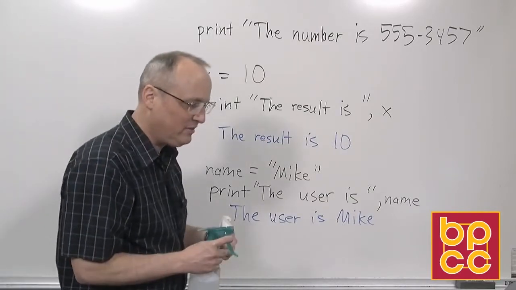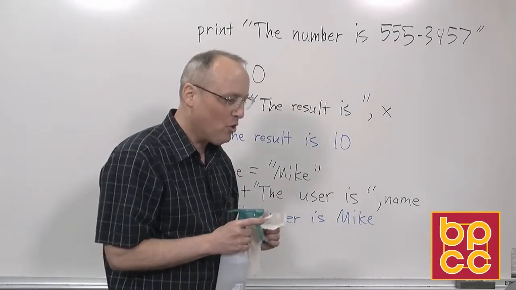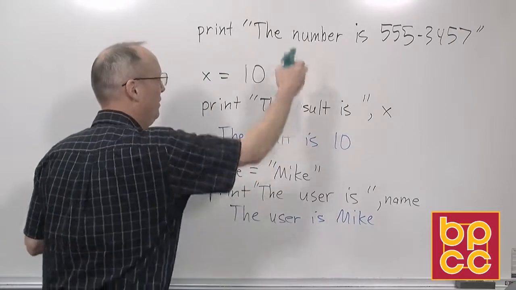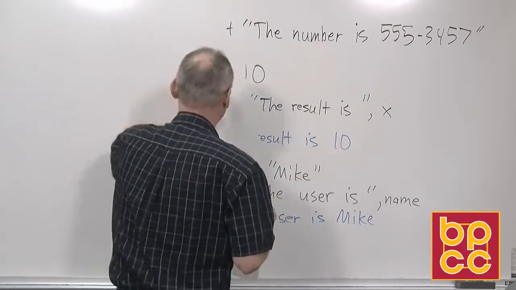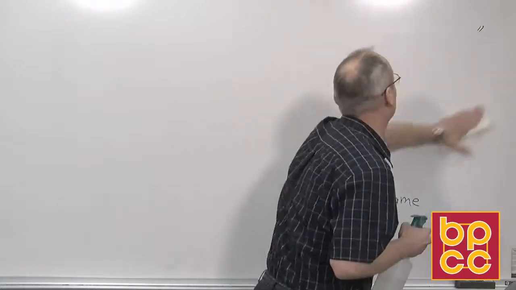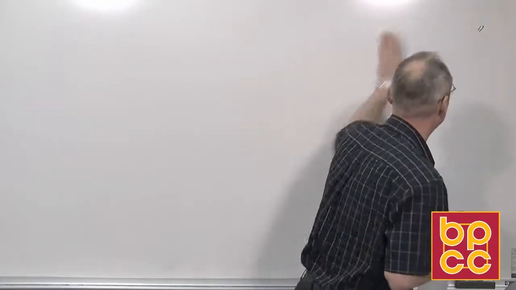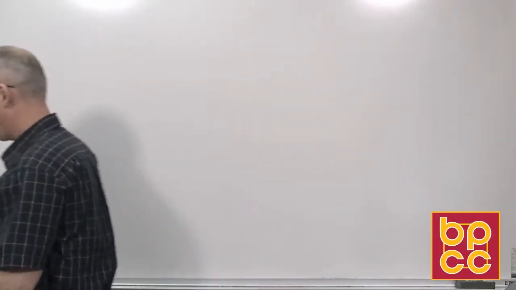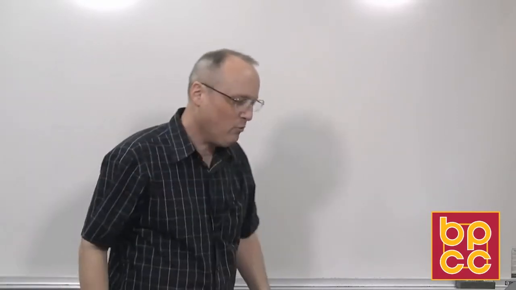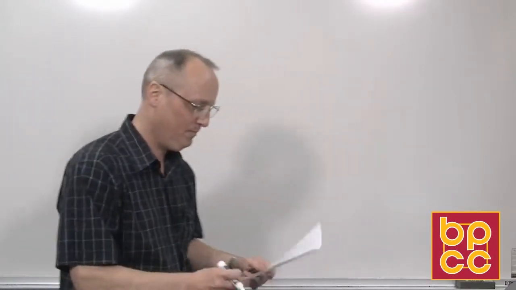One final one to consider on output is, what if you're working with a floating point value? When working with floating point values, you have to use formatting commands in order to get the results you want.